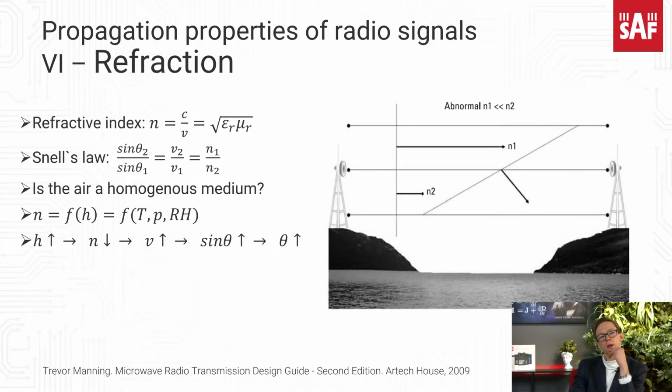And if we are talking about some abnormal propagation conditions, it could be that this decrease in refractive index is very steep, very pronounced. In that case, the radio wave is going to be bent downwards much more than we would expect, and this could impair our radio communications.